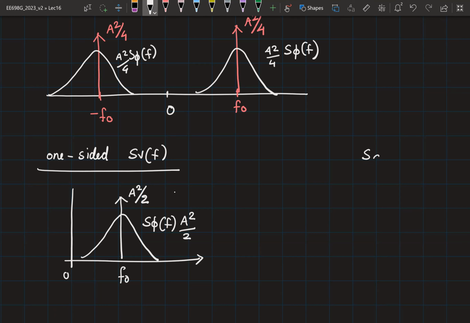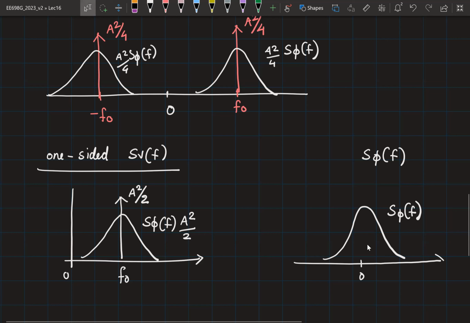Let me also plot my S phi of f to the side. So around 0, this is S phi of f. Okay. So S phi of f, I have plotted the two-sided S phi of f. So now looking at both of these, can you tell me the relationship between SV of f and S phi of f?